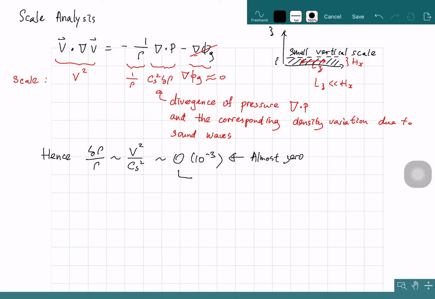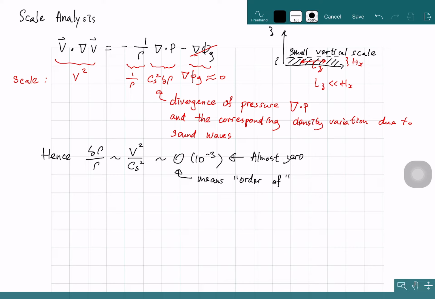What does that mean? It means that the density change with respect to the density is very, very small.